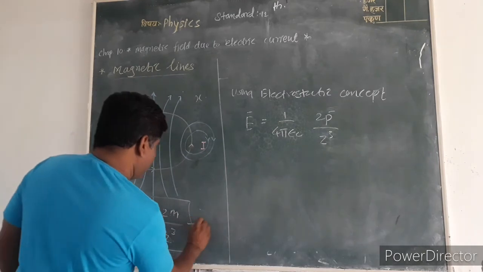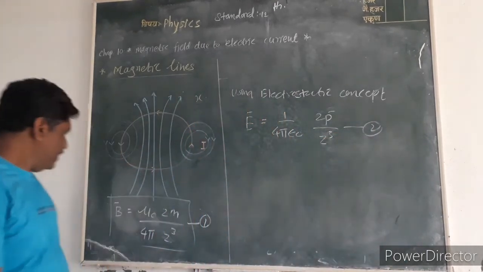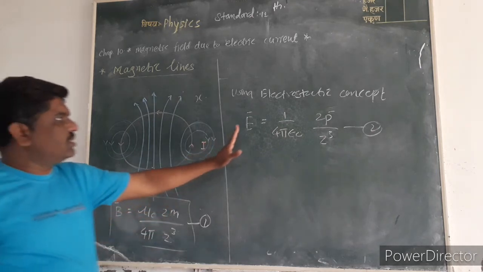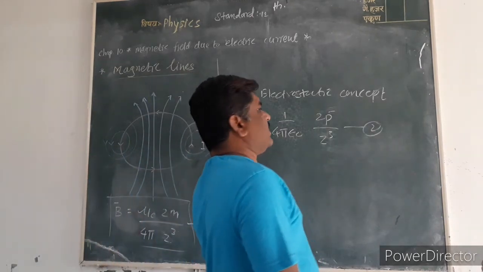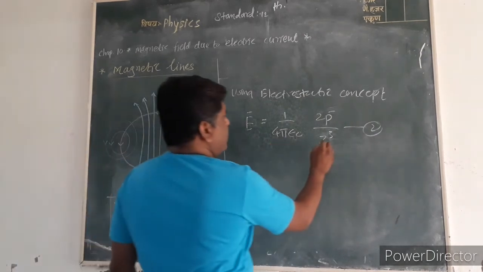Suppose this is equation number 1, this is equation number 2. Equation 1 is due to a magnetic dipole, and this is the electrostatic concept, that is, electric intensity E bar is equal to 1 upon 4 pi epsilon 0 into 2 p bar upon z cube.